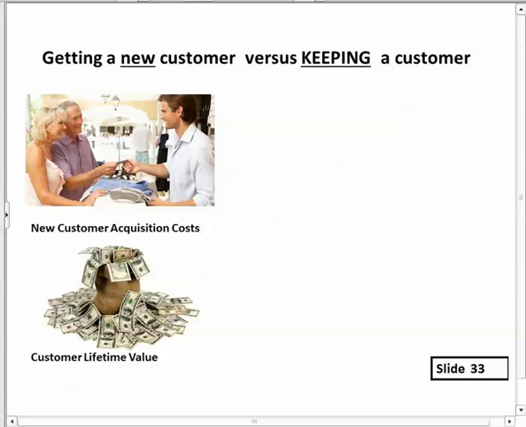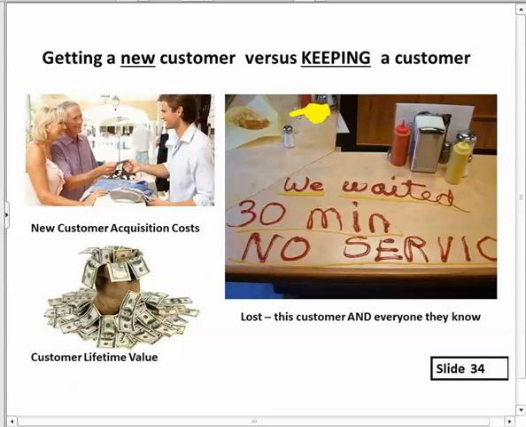Okay. So the flip side of that whole effort, though, is how easy it is to lose a customer. And you'll notice the picture on the right, and what it says. The person nicely wrote their message in ketchup.